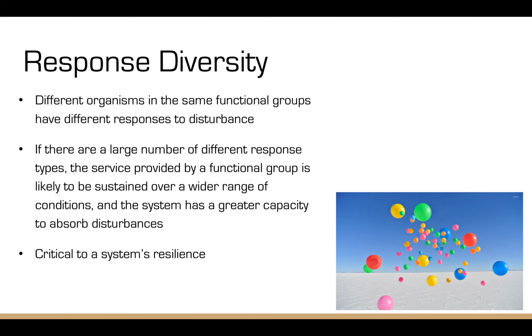So if there's a large number of different response types, the service provided by a functional group is likely to be sustained over a wider range of conditions. And so then that system is going to be more resilient or have a greater capacity to absorb disturbances. So it's another component of biodiversity that's particularly important when we think about resilient systems.